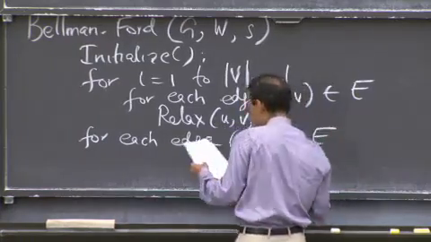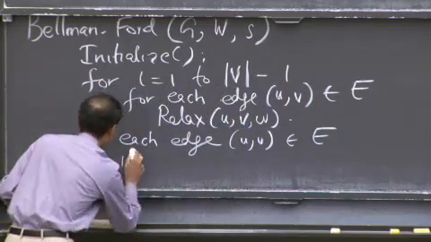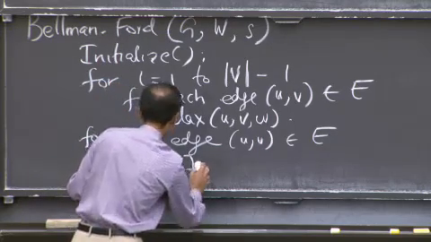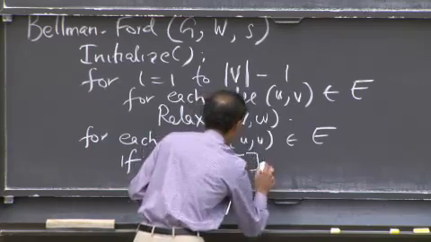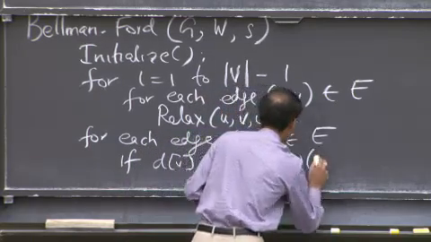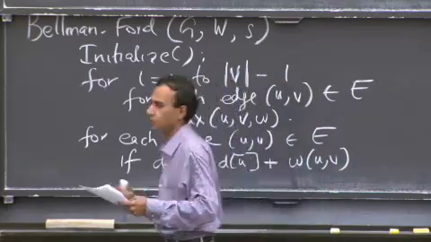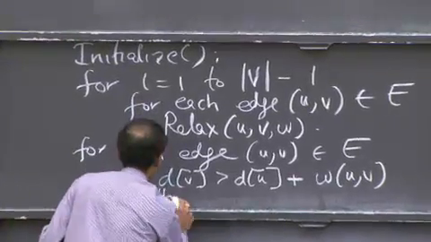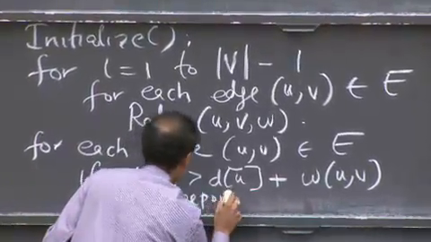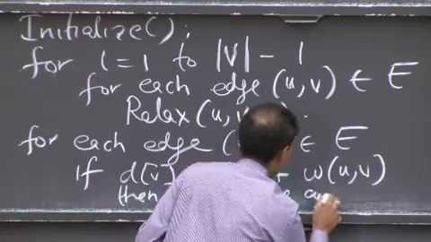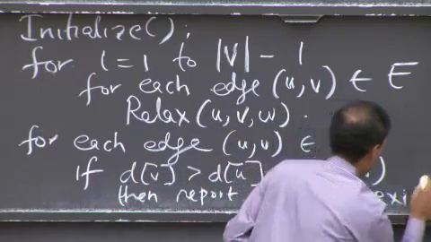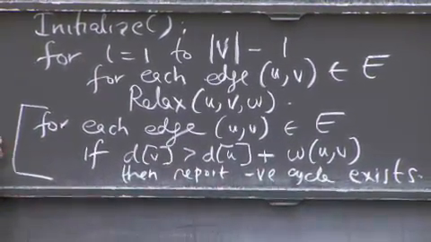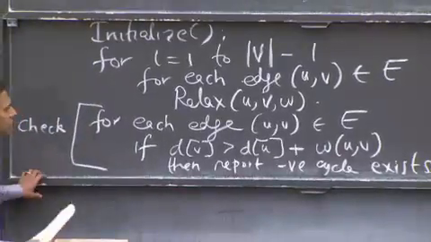For each edge in the graph, you're not doing a relaxation, you're doing a check to see if you can relax. If dv is greater than du plus wuv, then report a negative cycle exists. So this is the check, and the first part is the computation.